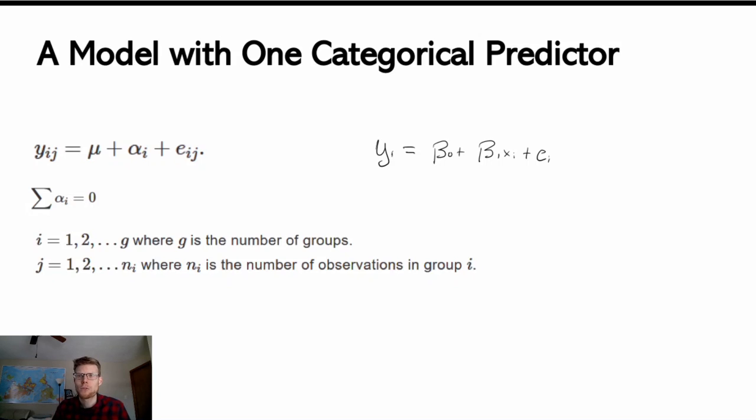So in a sense, alpha sub i replaces beta 1 times x, because in simple linear regression, we are modeling based on the actual value of our predictor variable, which is a numeric variable. When we're doing something like ANOVA, we aren't modeling based on the numeric value of our predictor, because we don't have that.